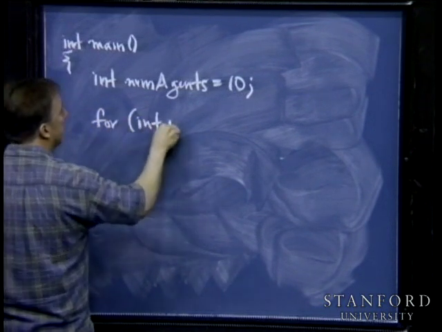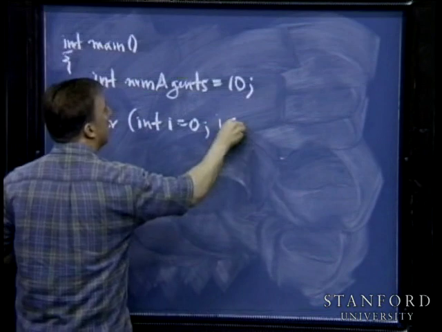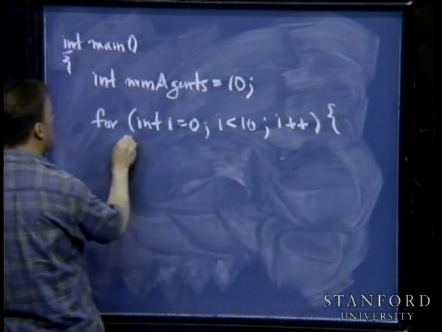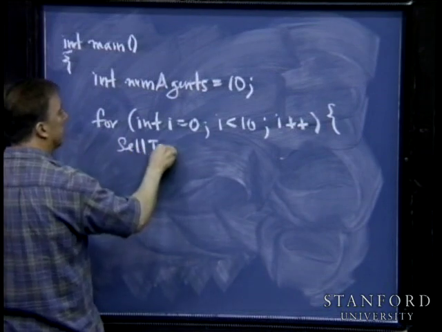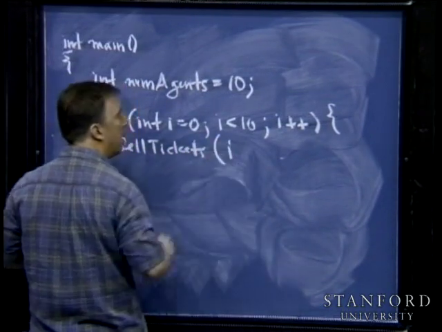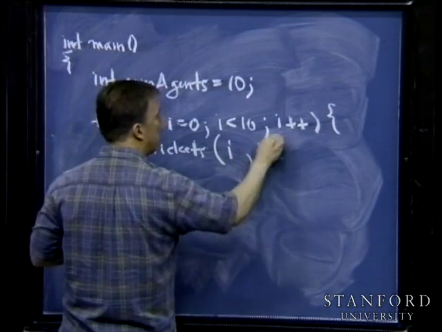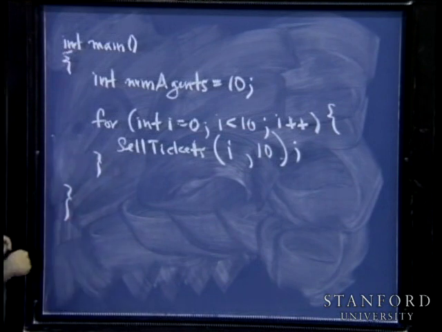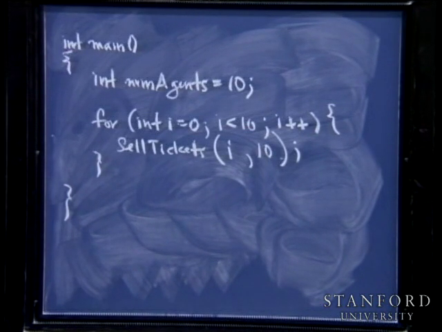You might intrinsically hard code the 100 in there by calling some function, sell tickets, where you pass in i and you pass in 10. I don't even have to tell you what sell tickets is, I'll write code for sell tickets in a second, but the idea here is that we have to sell 100 tickets.